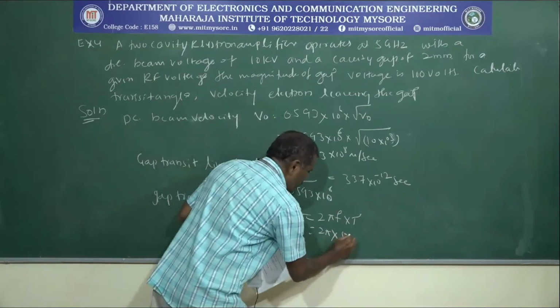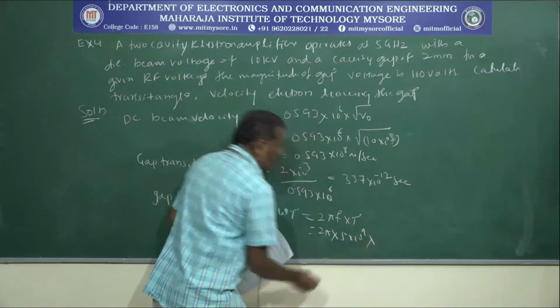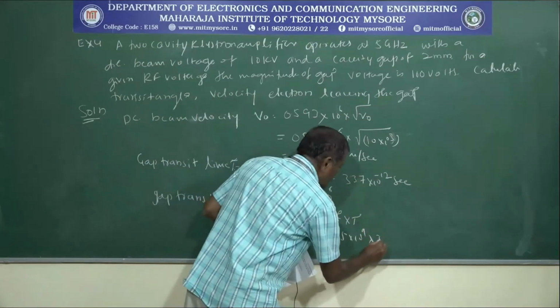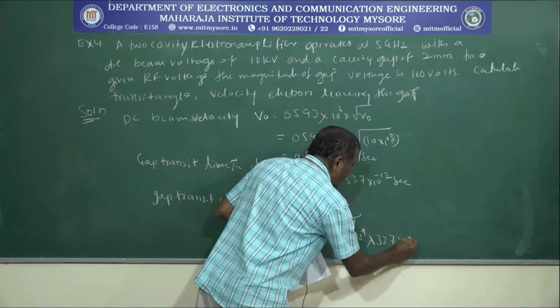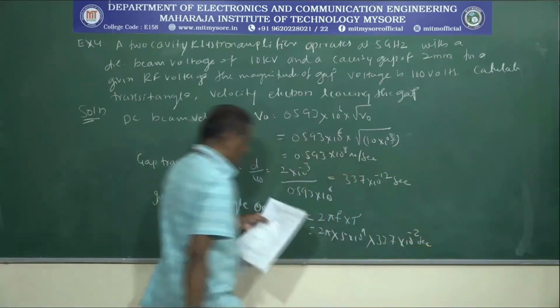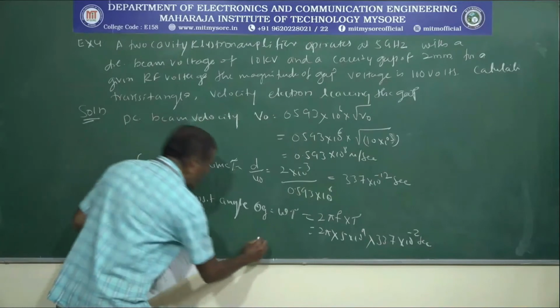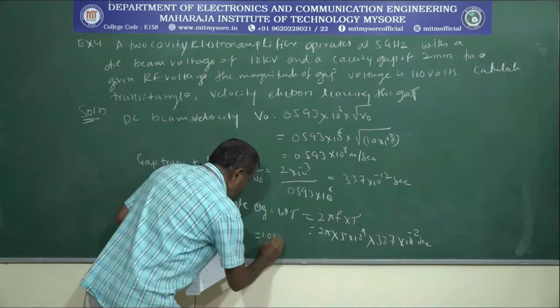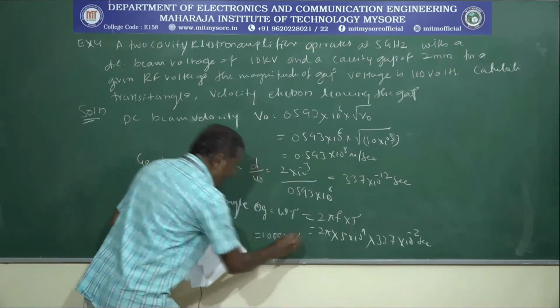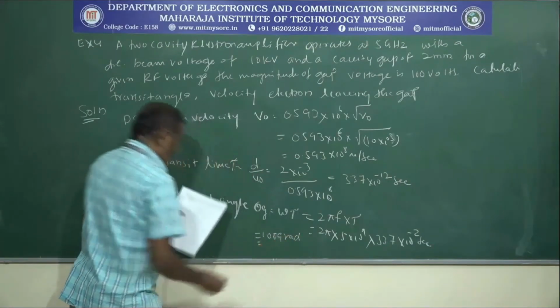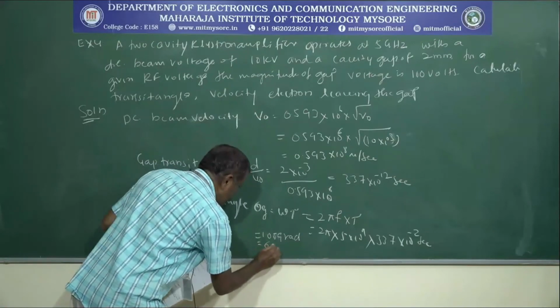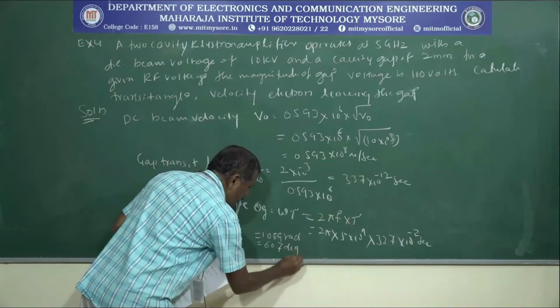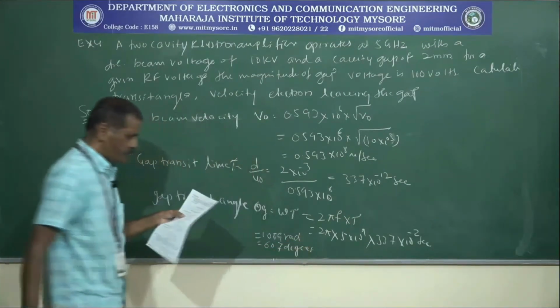Frequency is given, so it is 2 pi into 5 into 10 to the power of 9 into 33.7 into 10 to the power of minus 12 seconds. So this value is going to be 1.059 radians, or you can also specify in terms of degrees, that is 60.7 degrees.